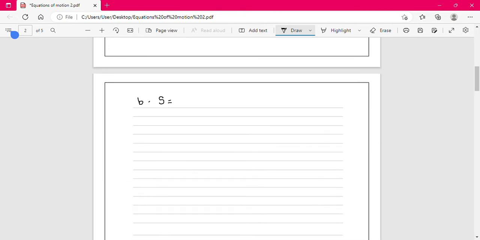That means indirectly the displacement of the particle is -5 given to you. Then take u as the initial velocity 12 meters per second. A is -5 and you want to find out v.